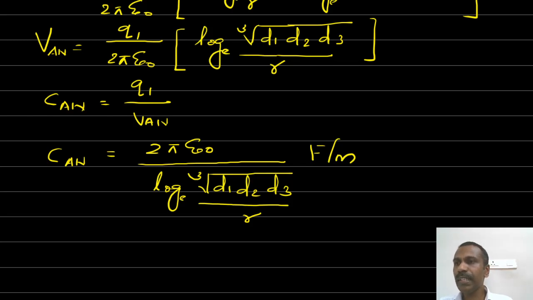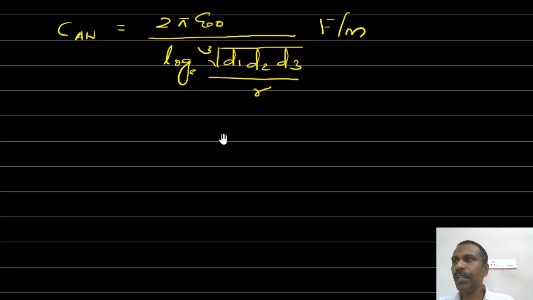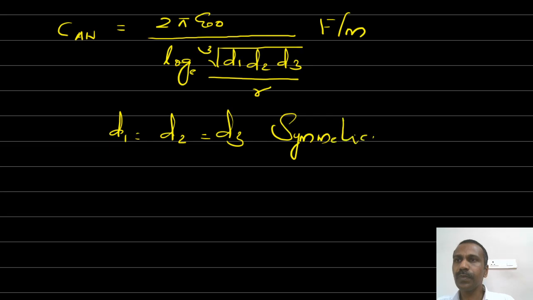Suppose they are symmetrically spaced, that is D1 equals D2 equals D3, that is, the conductors are symmetrically spaced.